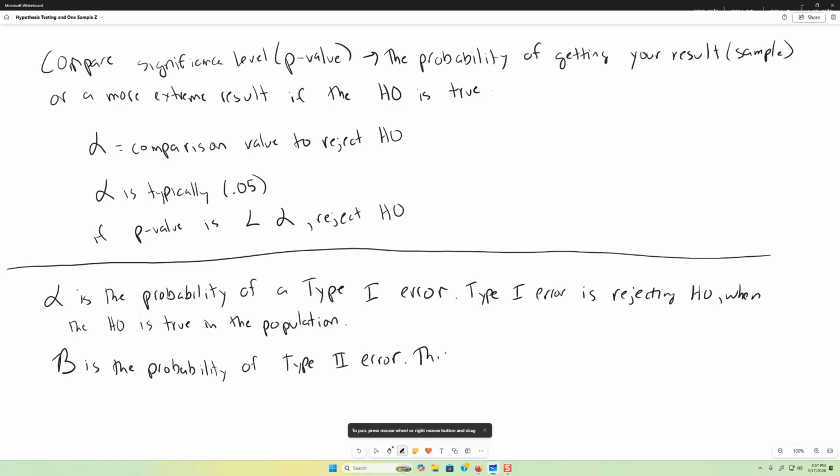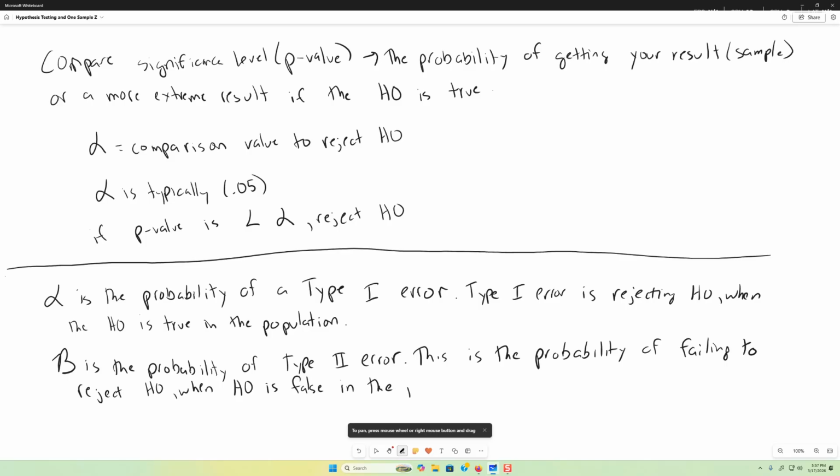And this is the probability of failing to reject the null when the null is false in the population.